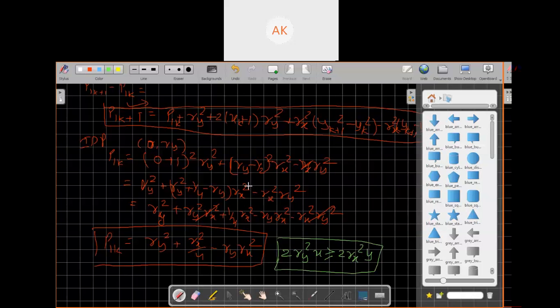We calculate the intermediate points of region 1 using the initial decision parameter and the next decision parameter, and in parallel we find the value of this condition. If this condition is true, it means you have entered region 2. Okay, so till this point everything is clear. Is everything clear?